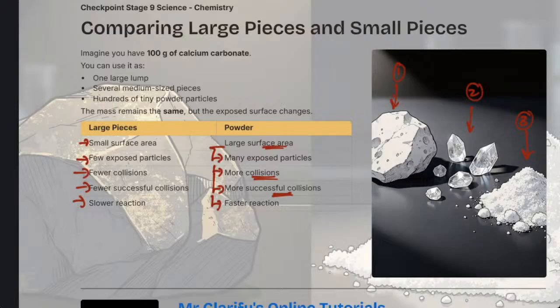Come on now. Large is actually an enemy. You have few exposed particles. That's why it has a smaller surface area. A large piece has fewer exposed particles. A lot of it is inside. So that means, Mr. Man, you may be large, but only a small part is exposed.